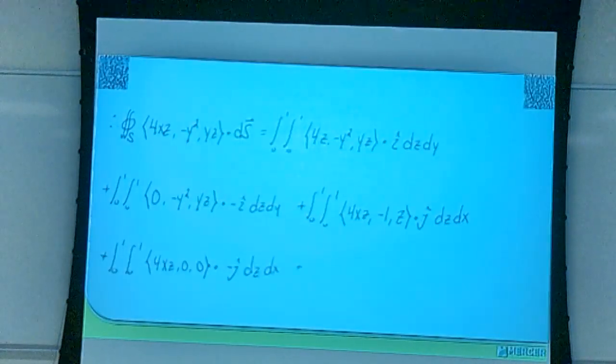It's now dy dx. Z is 1, X and Y stay the same.